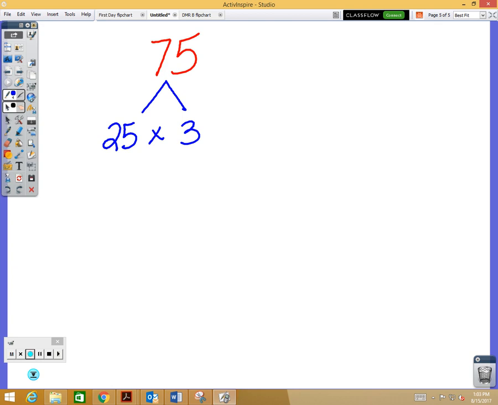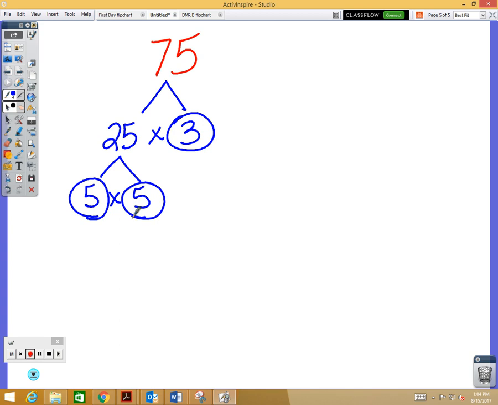Whenever I see 75, I think about 75 cents. 3/4, that's right. So 25 and 3, are either one of those prime? 3, so what do I do to it? Circle it. What do I do with that 25? Break it down. Nice. What times what's 25? 5 times 5. Is 5 prime? Yes. So stop and stop.